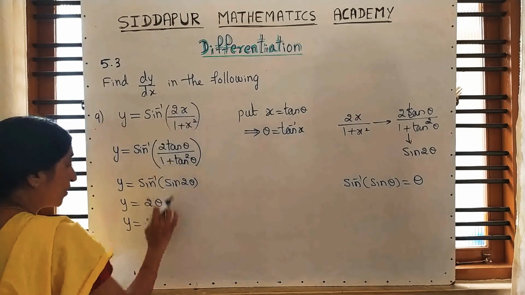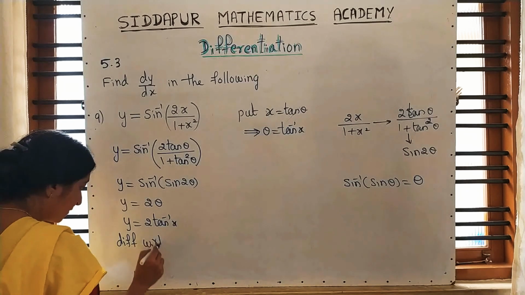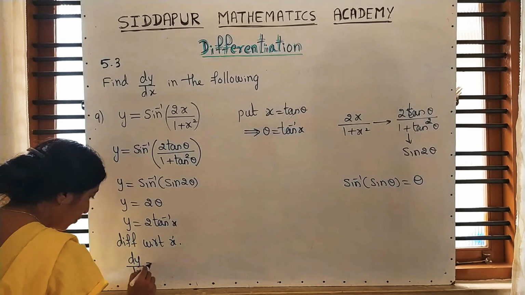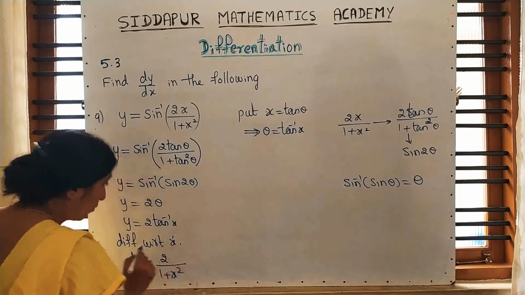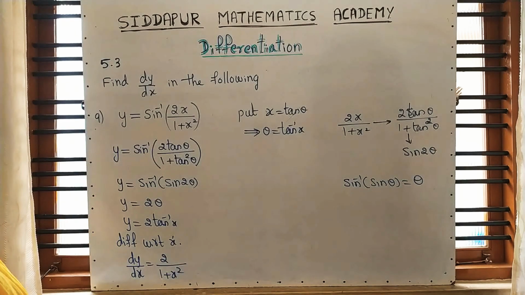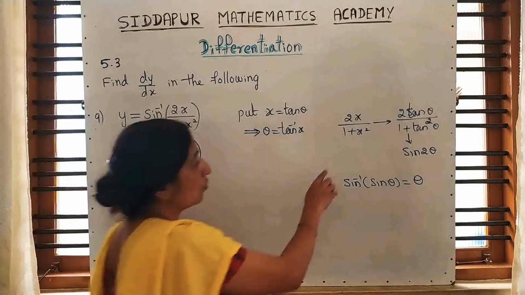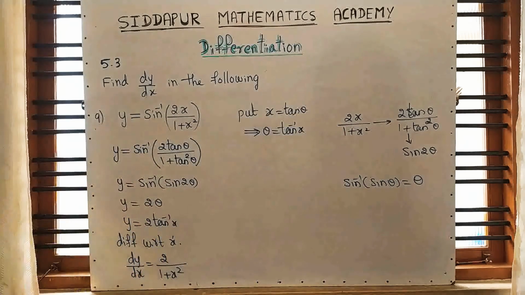Now this is very simple to differentiate. dy upon dx is equal to 2 constant, differentiation of tan inverse x is 1 upon 1 plus x square. See students, is the sum very simple or what? Yes. That's why I told you in the last class, please go through the first year trigonometric formulas. Moving to the next question.